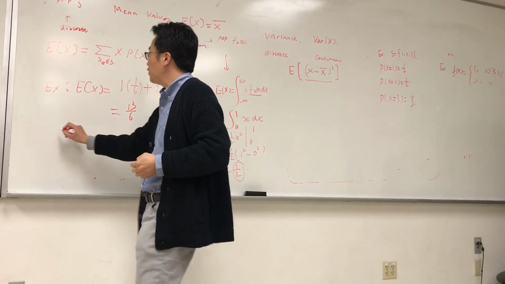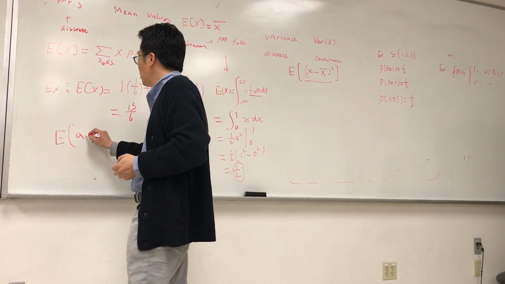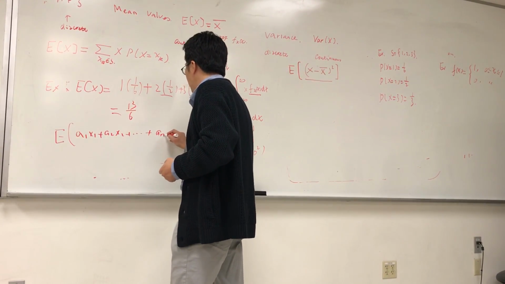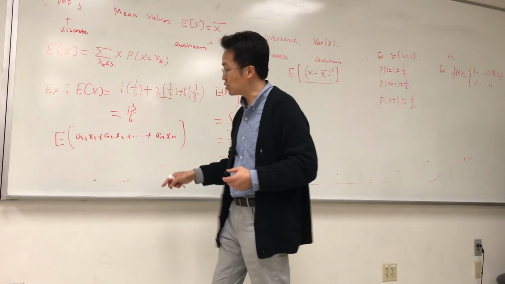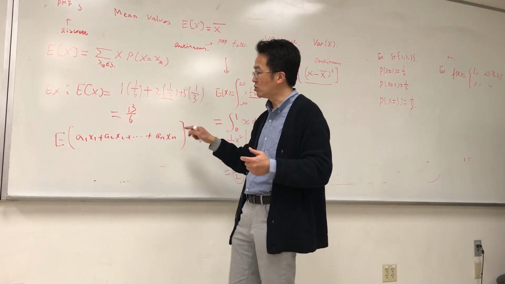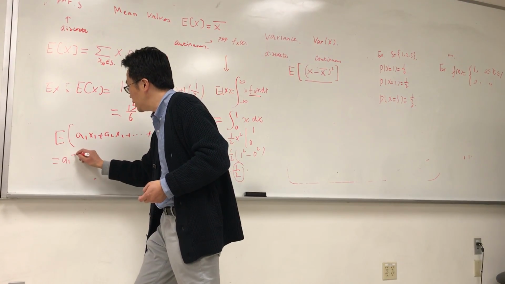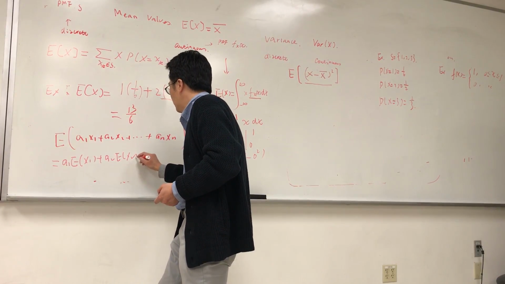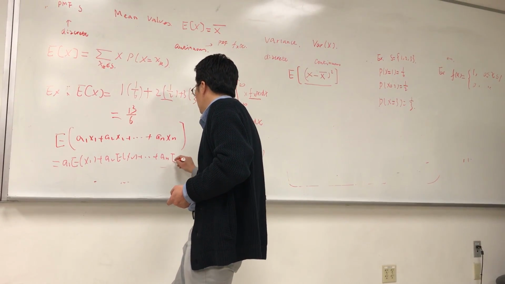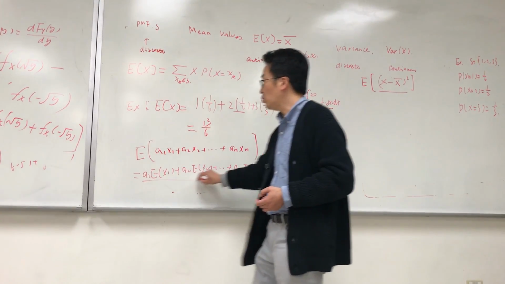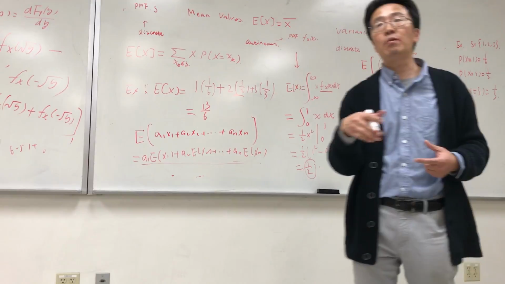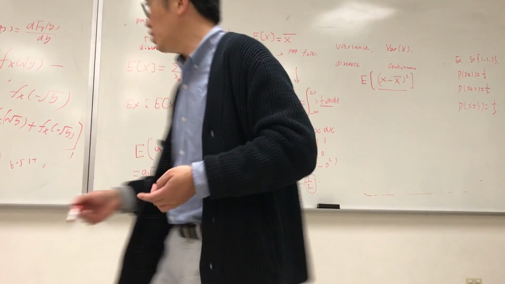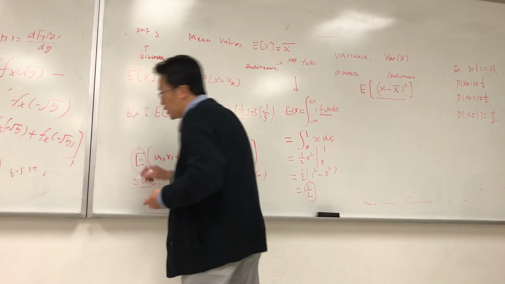In other words, if you have E of a1 x1 plus a2 x2, and so on, until an xn, a linear combination of random variables, it will be equal to a1 E[x1] plus a2 E[x2], and so on, until an E[xn]. This is the linear property, exactly the same as the linear property we came across in both 350 and 351. So this E can be treated as a linear operator.